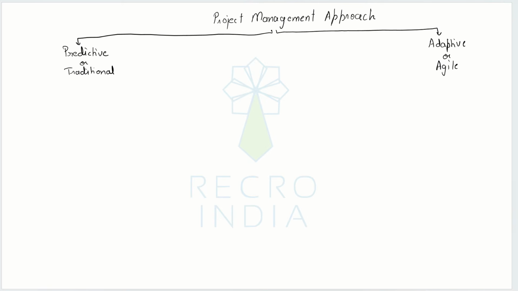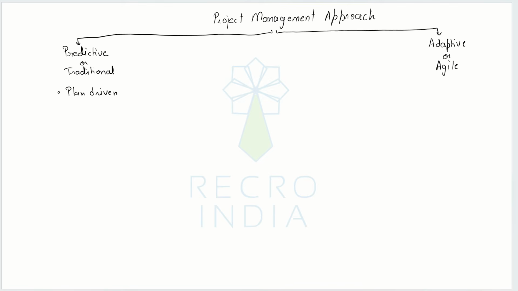Now, first thing that we want to highlight as a difference between the two approaches is predictive is plan driven, meaning that we are usually expected to prepare a detailed plan upfront in the project life cycle, and the teams are expected to simply follow that plan, execute the work, and get the results.